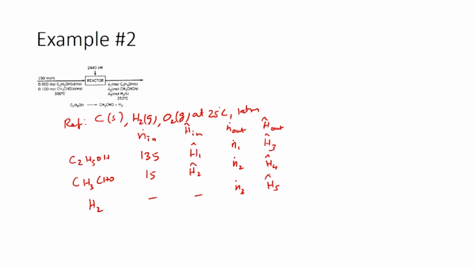Now let us see how we would go about calculating each of these enthalpies. Your H1 cap is basically the process where carbon, hydrogen and oxygen in their native states at 25 degrees Celsius and 1 atmosphere form C2H5OH at 300 degrees Celsius.